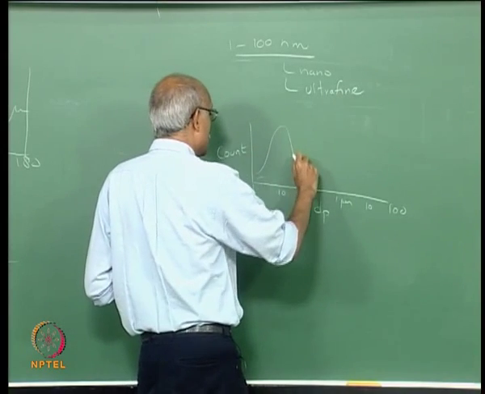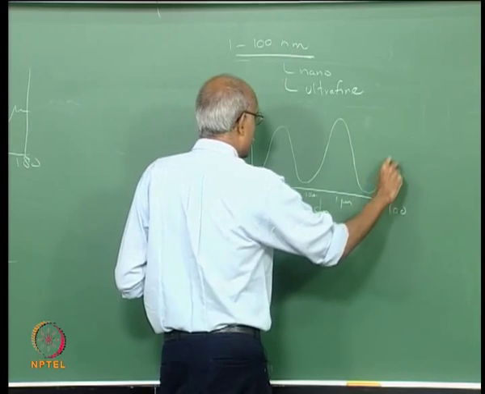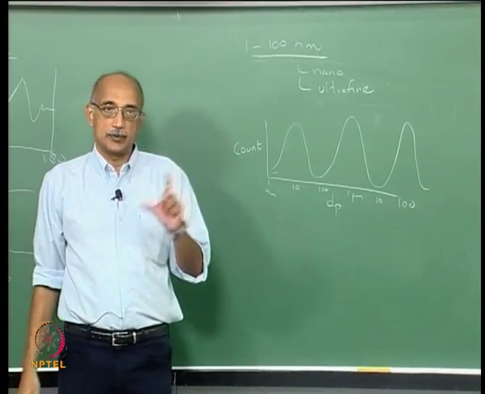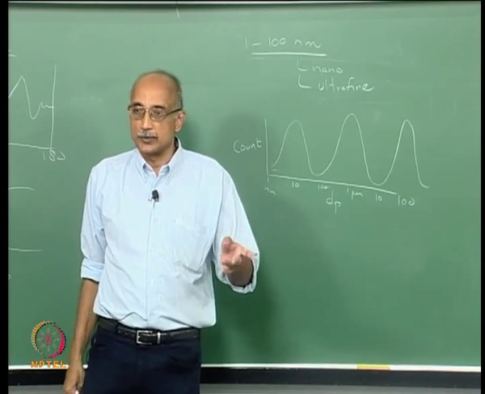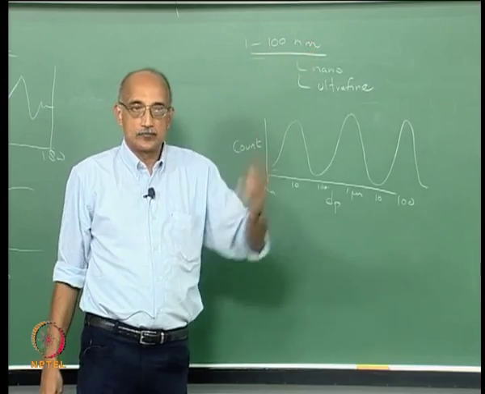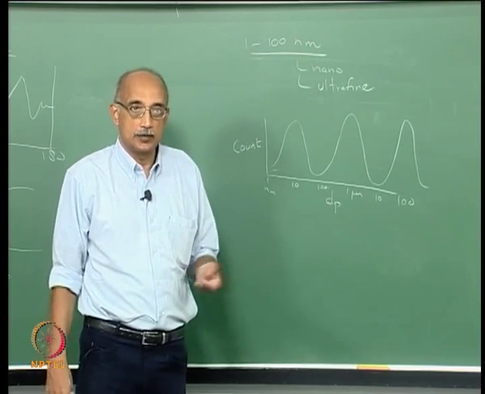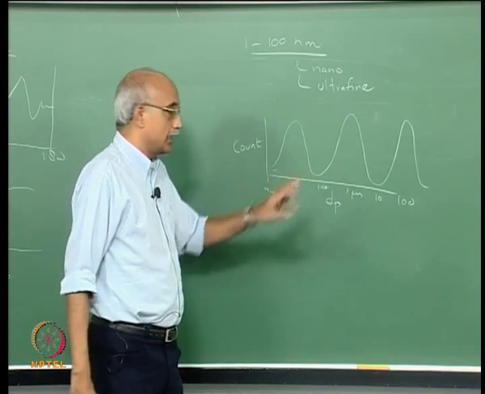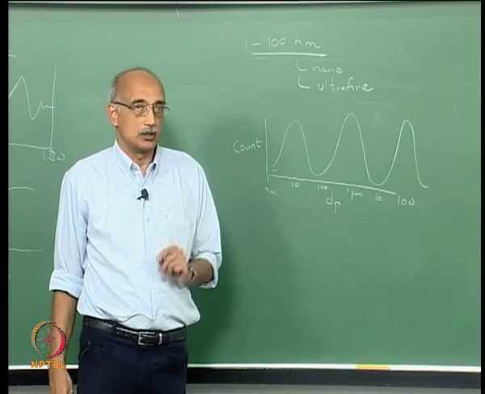It will have 3 distinct peaks. Now the heights of these peaks may be different depending on where you do the sampling. I mean, if you are in a highly polluted city, all these peaks may be very high, whereas if you are in a clean area, all these peaks may be very low, but they all retain this trimodal characteristic.